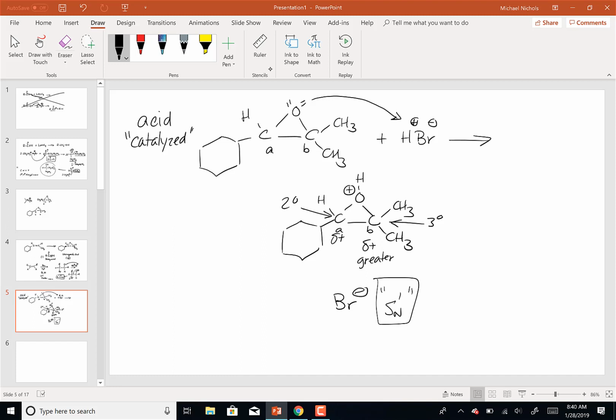If I did, the bromine would add from both sides, and we would end up with the bromine cis to the OH and trans to the OH. That doesn't happen in an epoxide. In an epoxide, the OH and the Br are always going to be trans, because that triangular network is still intact. The bromine has to add from underneath.